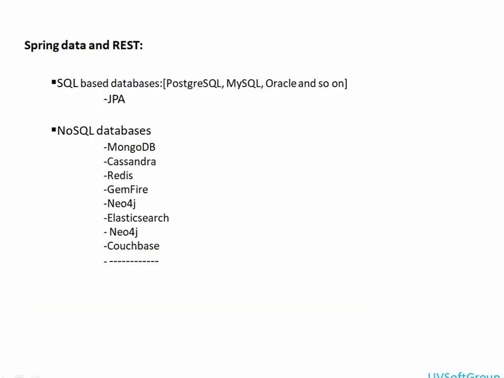So here is our theoretical idea, Spring Data and Spring REST. You see the SQL based databases like JPA: Postgres, MySQL, Oracle, DB2 and so on. This is the JPA specification, and you can also use JPA to implement your microservices or web APIs based on this technology.